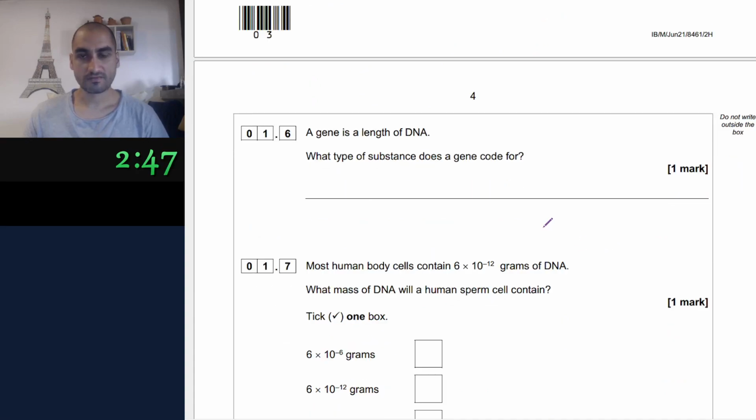A gene is a length of DNA. What type of substance does a gene code for? Do you mean substance? I don't know. What type of substance does it code for?